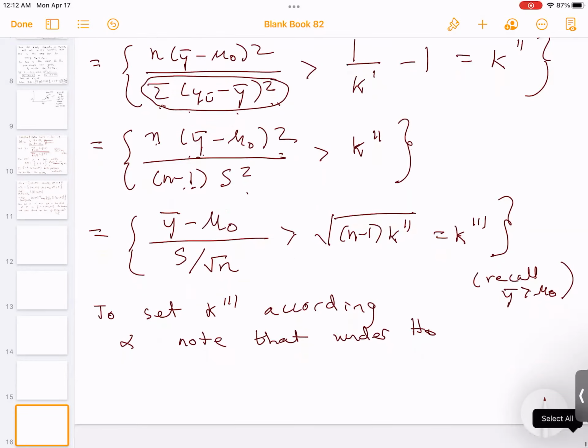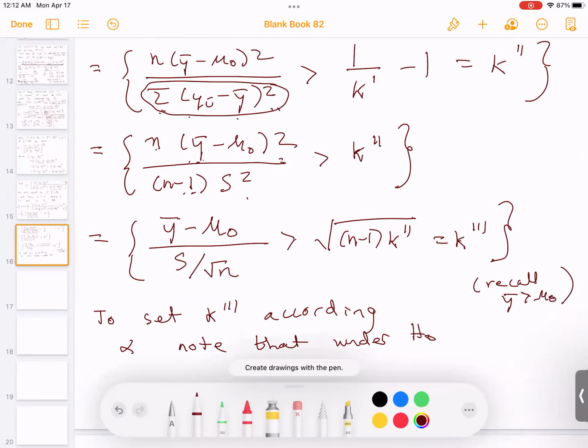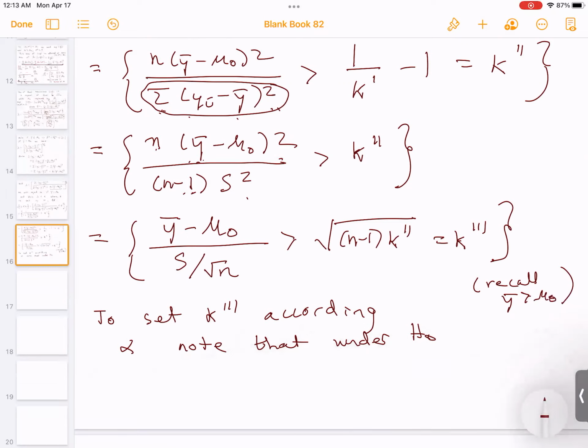Almost there. The right-hand side has what kind of distribution? Under H0, I'm sorry, the left side has what kind of distribution?